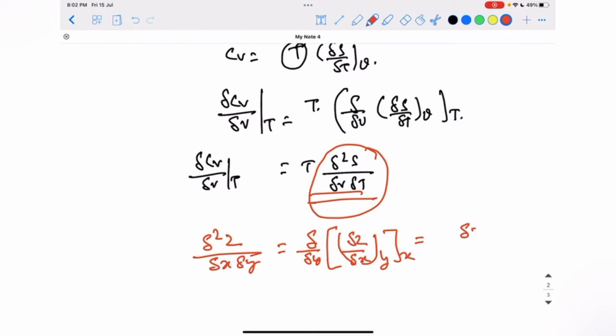The same here: first we are differentiating S with respect to T keeping V constant, then we are differentiating with respect to V keeping T constant. So this can be written in this way.